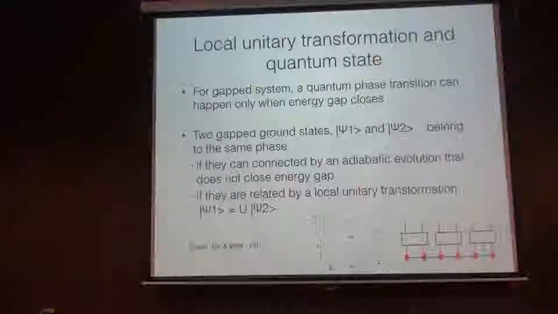If they are connected by the adiabatic evolution without closing the energy gap, then we can say those two phases belong to the same phase. Or we can say if those two phases are related by a local unitary transformation, then those two phases belong to the same phase. So from this, we know that we can use a local unitary transformation to classify the different phases.